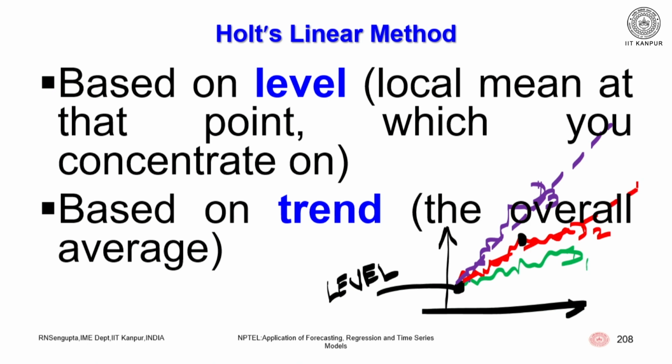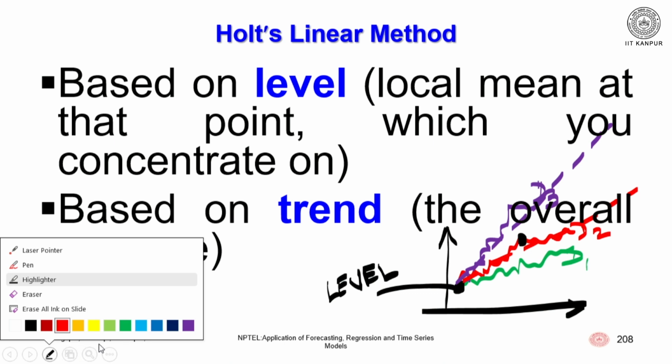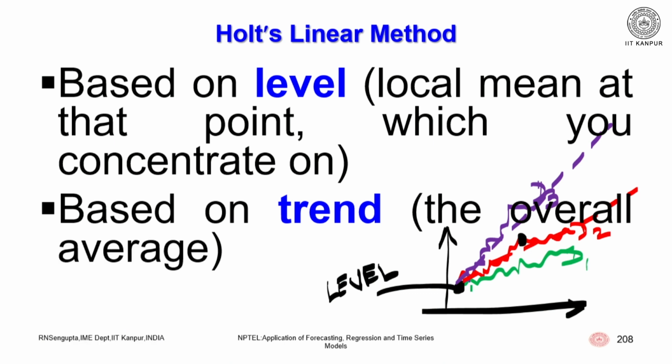If I draw the trend for the green line or data set D1, the trend is this. So, even if the starting value or the level is the same for 3 data sets, the trends are different, and that is the main focus of the Holt linear method.